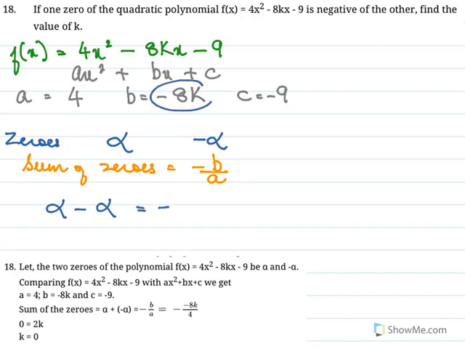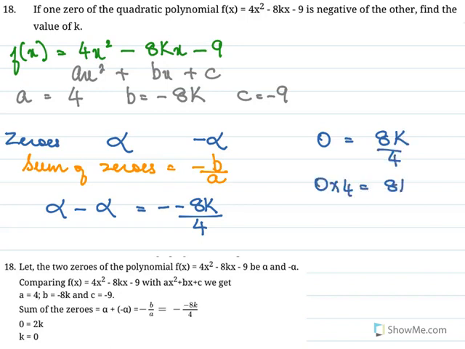We see b is minus 8k, so minus of minus 8k over 4. So alpha minus alpha, which is 0, equals 8k over 4. So 0 into 4 equals 8k, and we have k equal to 0 over 8, k equals 0.